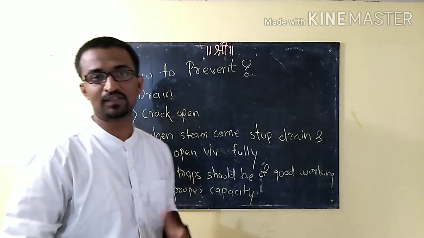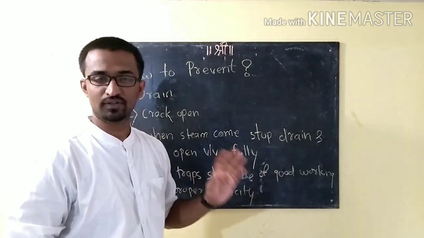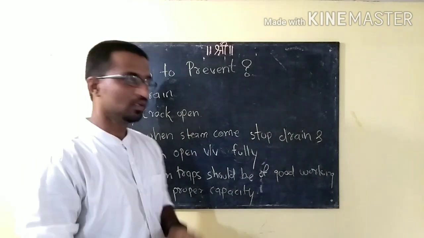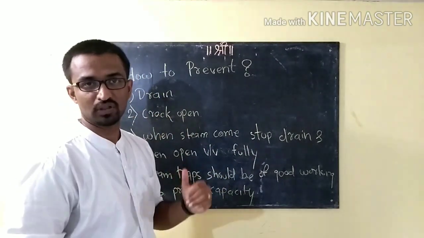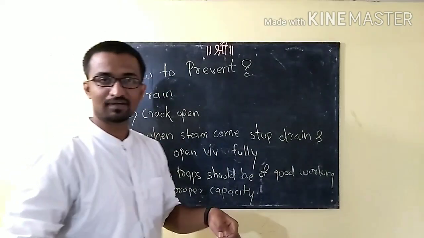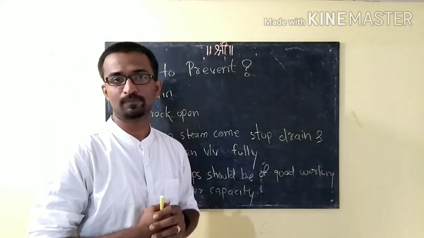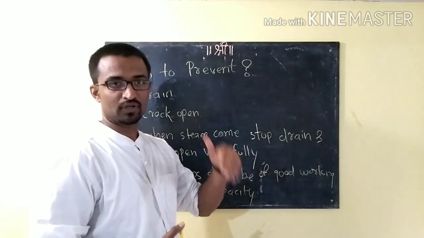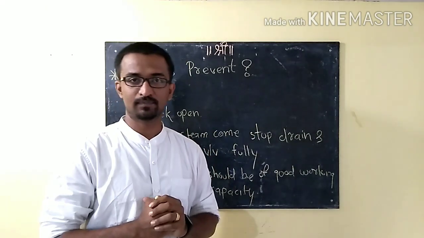First thing, you will drain the line. Very important, you have to remove the water from the line. So you will drain the line. All the water should get drained. Second thing, then you will crack open the main steam stopper. So the steam will go in the line and warm up the line.